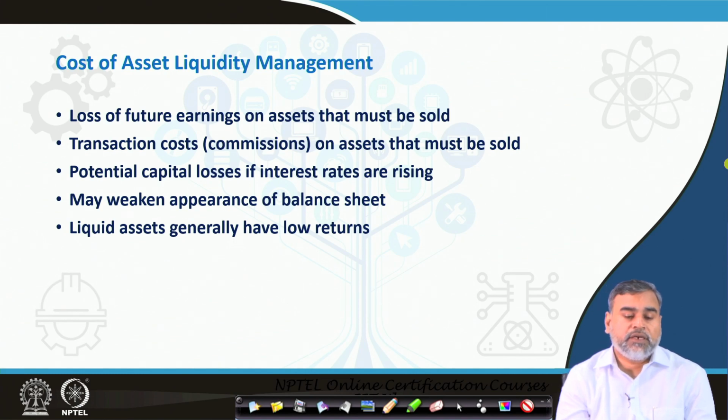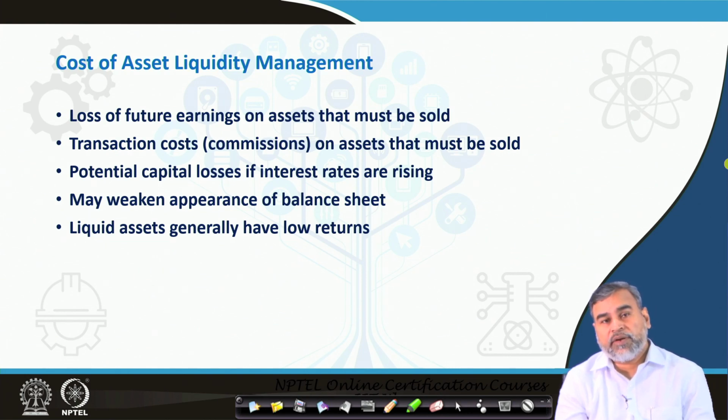Another reason is that there is a chance of potential capital losses if interest rates are rising. If interest rates are rising, there is a chance of capital losses, because the price of those assets goes down. If the price of the assets is going down, then apart from the loss of earnings, we can also incur losses, because we are selling those assets at a lower price than what we paid.